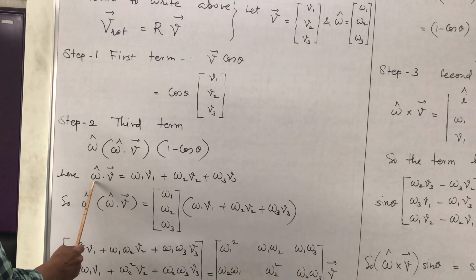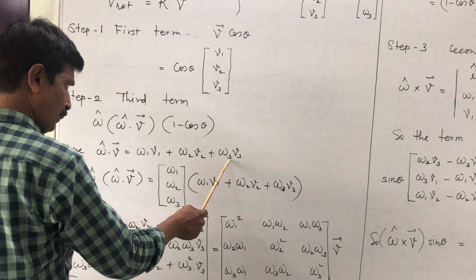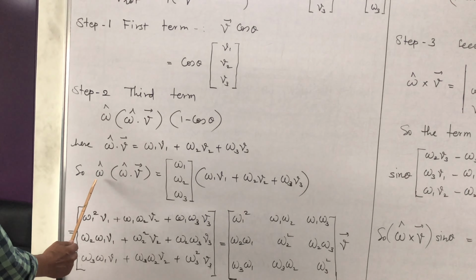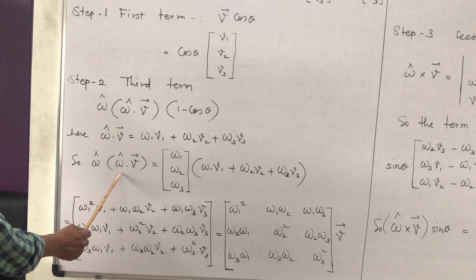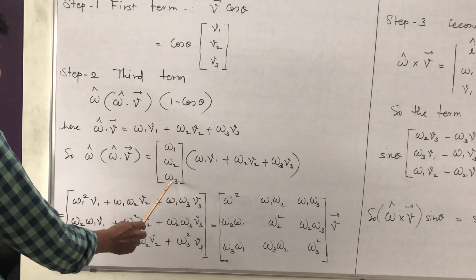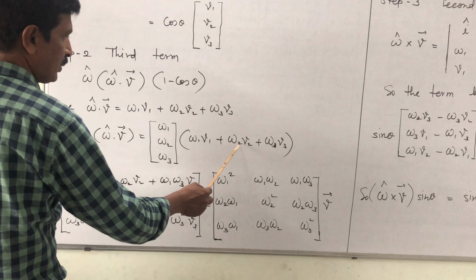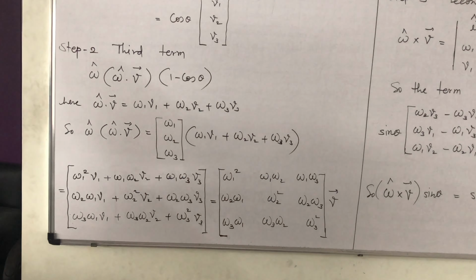But what is omega cap dot V? Omega is omega 1, omega 2, omega 3, V is V1, V2, V3. So omega 1 V1 plus omega 2 V2 plus omega 3 V3. So omega cap into omega cap dot V: omega cap is omega 1, omega 2, omega 3, and omega dot V is this one.